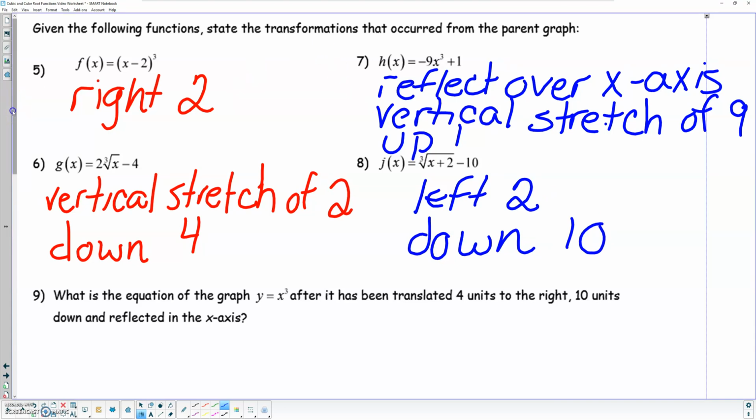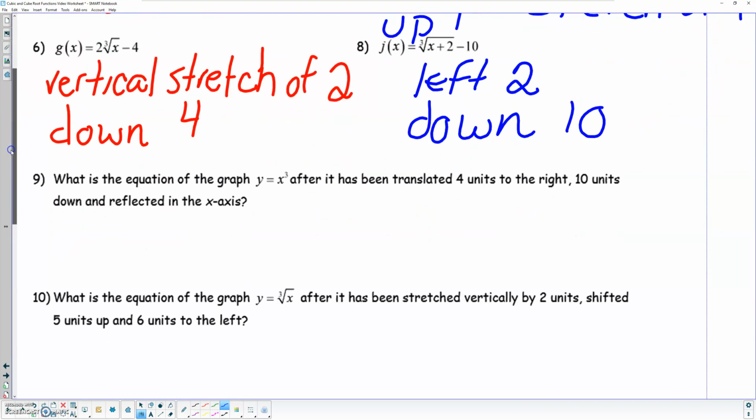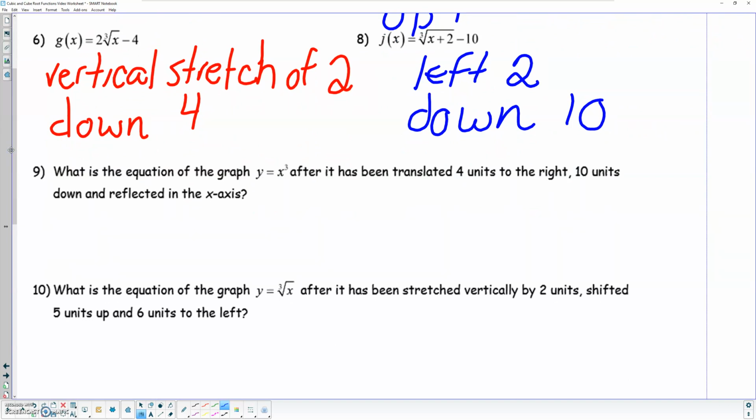All right. Okay, number 9. What is the equation of the graph y equals x cubed after it's been translated 4 units to the right, 10 units down, and reflected in the x-axis? So, 4 units to the right means that we have to subtract 4 inside the function's argument.